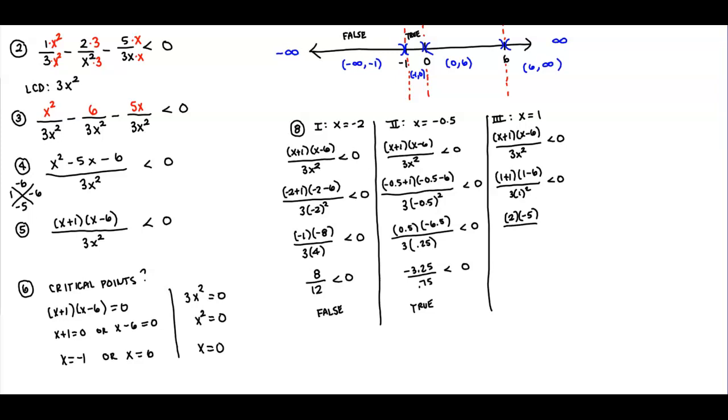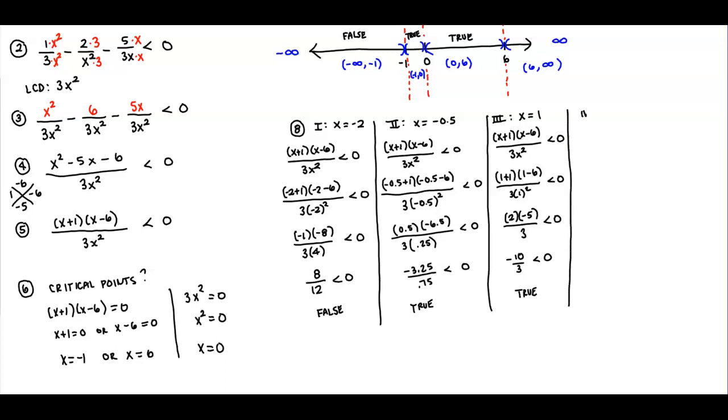And this is 3 times 1 squared, which is 3. So this gives us -10 over 3, which is less than 0. And so therefore, it's also true here. So we know it's true for region number 3.